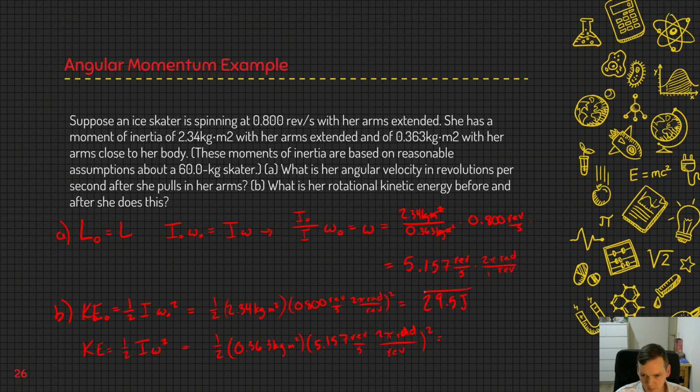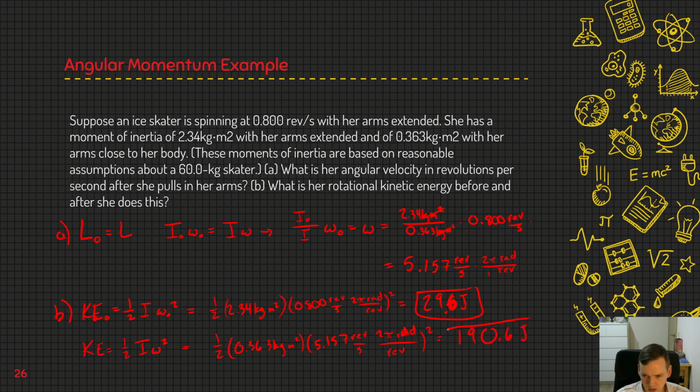So let's call it 29.6 joules. I did that real quick, so it's entirely possible I made a mistake. And then for the second, we have 0.5 times 0.363 times 5.157 times 2 pi, squared.